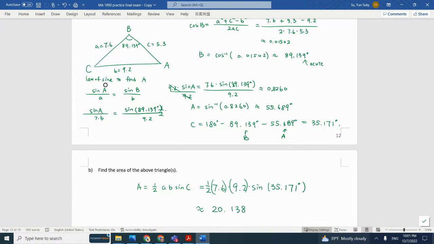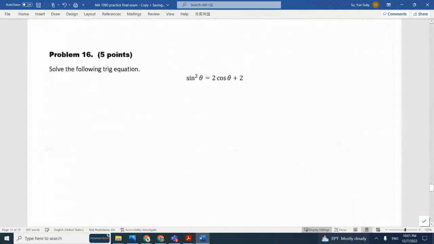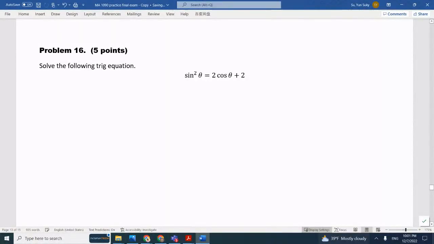Okay, so that is the area. All right. That's problem 15. If you can understand problem 15, could you type 15 in the chat? Good. Okay. So yeah, we take more than 2 hours for the review sessions.